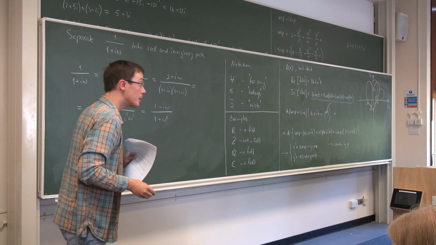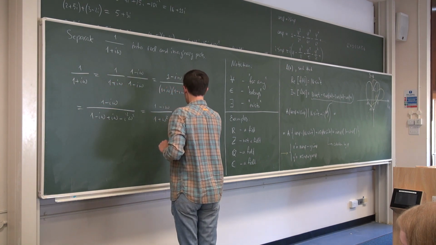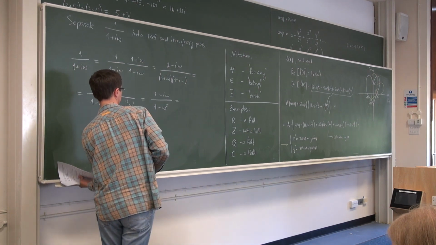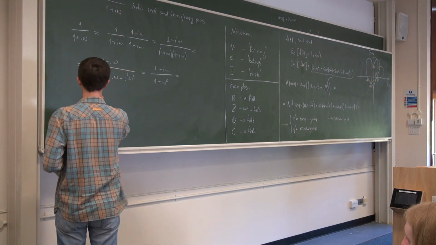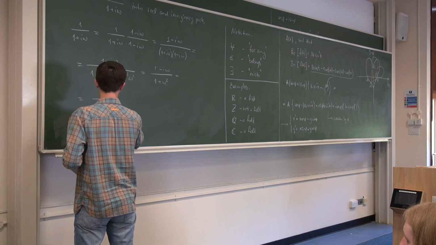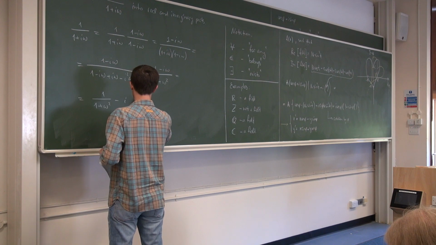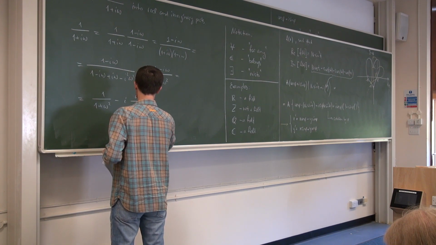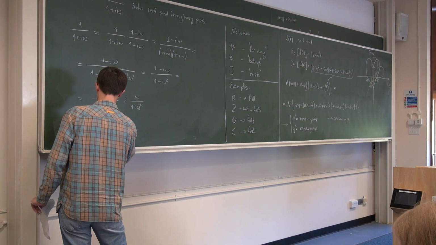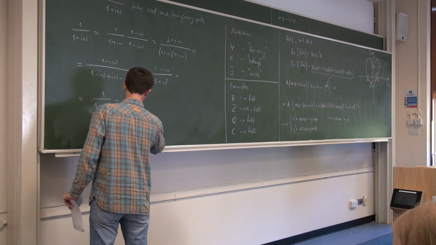The denominator became real. That means it is 1 over 1 plus omega squared minus I omega over 1 plus omega squared. That's the real part. That's the imaginary part.